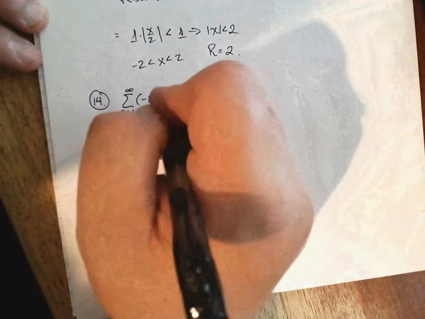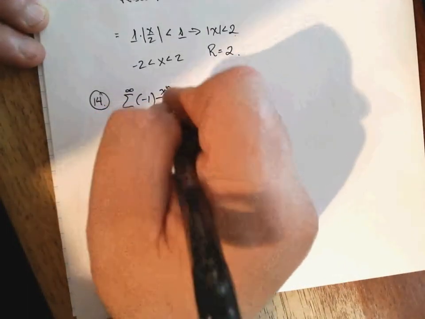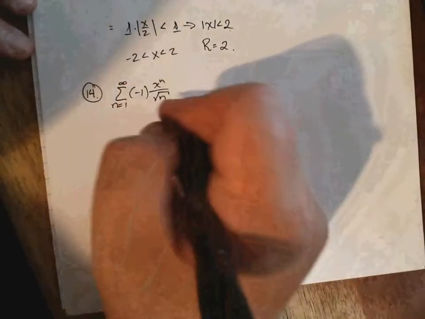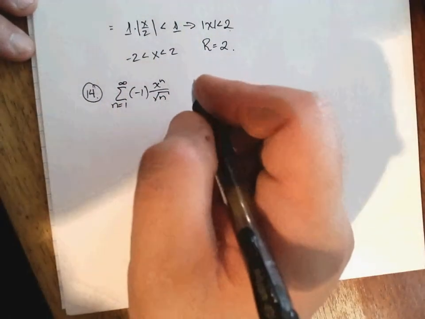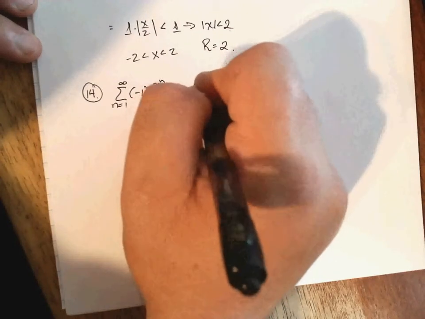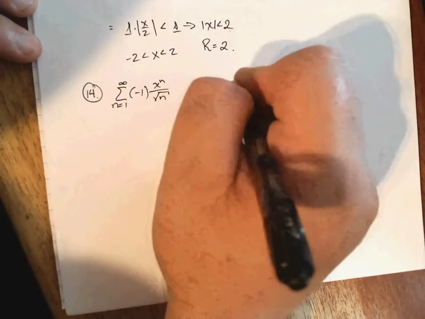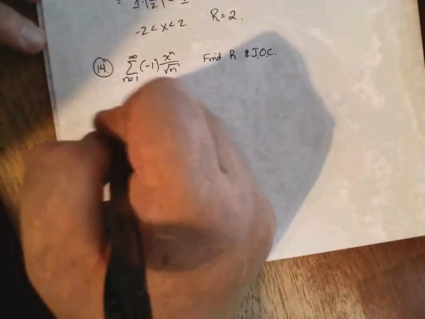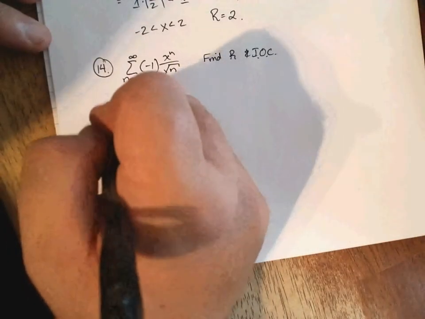Instead of starting at 0, they start at 1. That's not a problem. The first term never affects whether the series converges or diverges, as long as it doesn't blow up at least. And we want to know what the radius of convergence and the interval of convergence are.